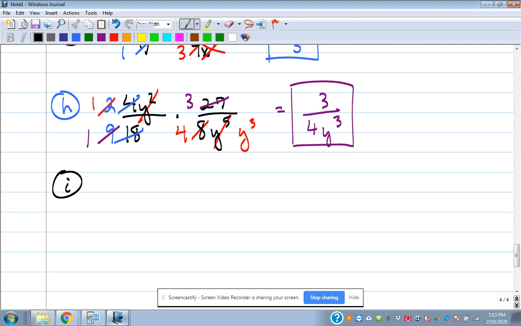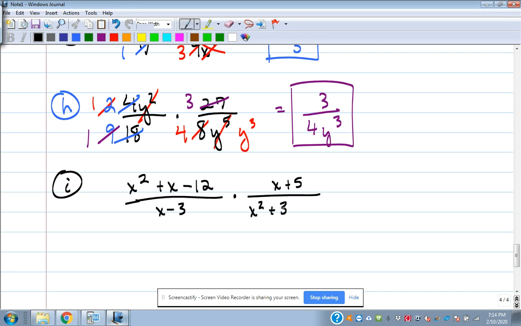All right, so let's get into multiplying larger polynomials together where we got to do a little bit of factoring. So let's say for example, we got x squared plus x minus 12 over x minus 3 times x plus 5 over x squared plus 3x minus 4.